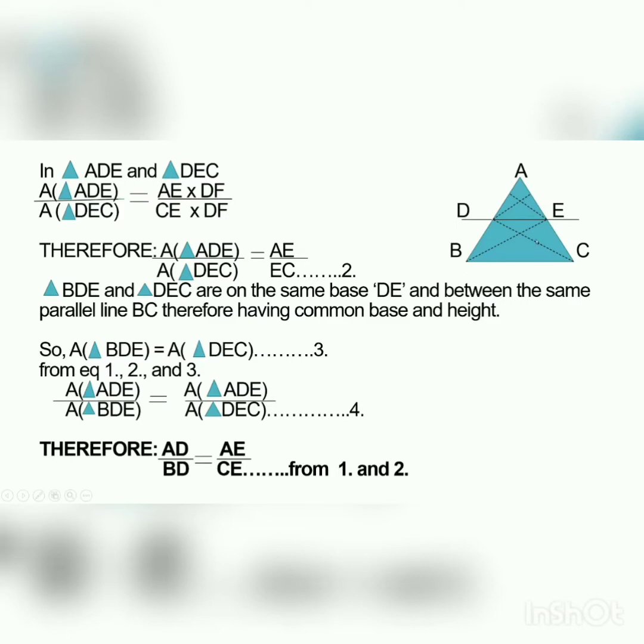Both triangles have a common vertex D and common height DF. So area of triangle ADE upon area of triangle DEC is equal to AE upon EC. This is equation number 2.